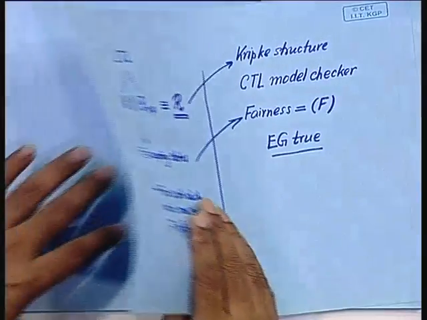Now, there are various approaches that people have taken towards this, the LTL and CTL model checking. The main intention of all this is to reduce the computational overhead, right.